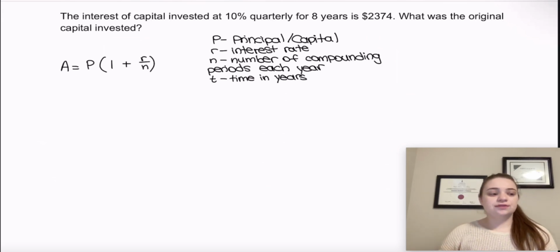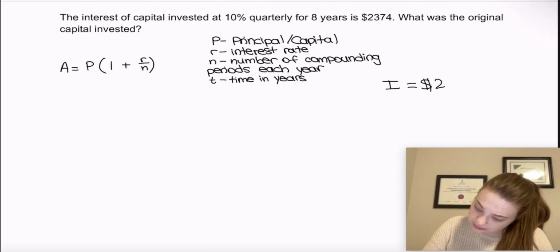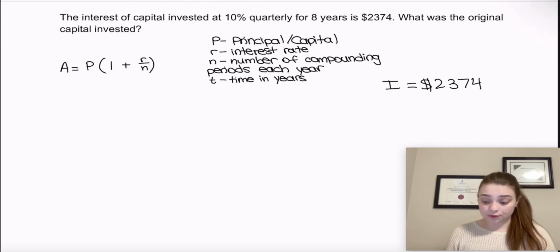All right, so first of all, in order to figure this out, let's start by just writing down what it is that we already know. So we already know that the interest in this case is equal to $2,374. We also know that it was invested at 10% compounded quarterly.